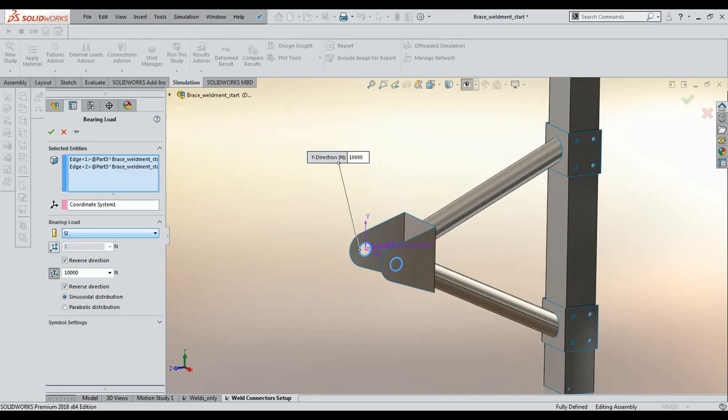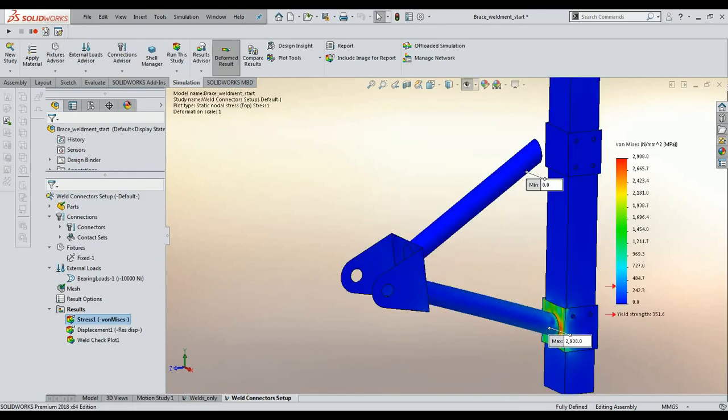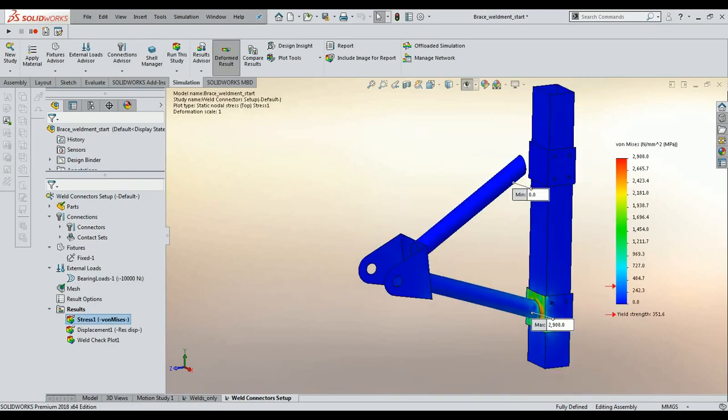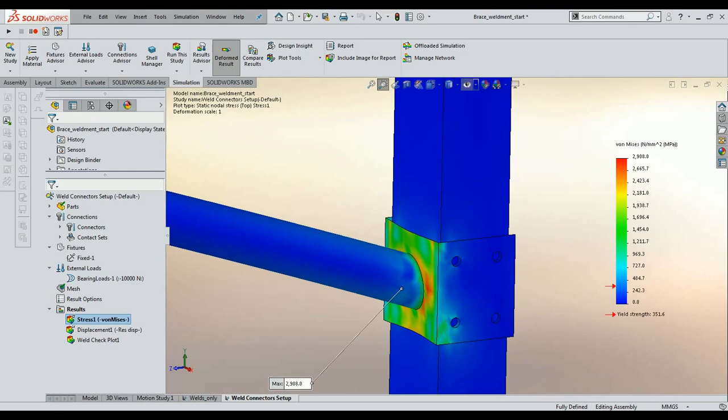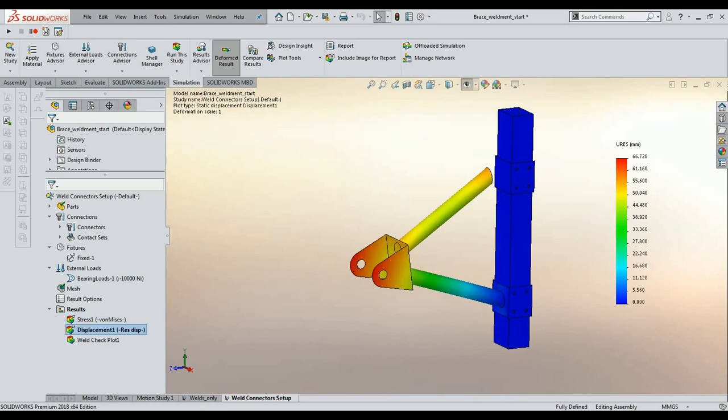In this case, let us check the stresses and where the failure begins. The maximum stress is 2,908 megapascals, and the red color indicates the severity level of the model where the failure begins. Let us show the displacement: 66.7 mm displacement will occur with the 10,000 Newton load.